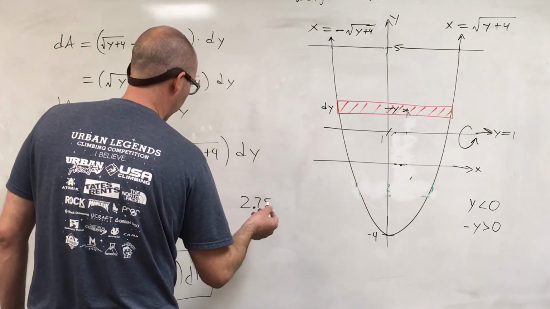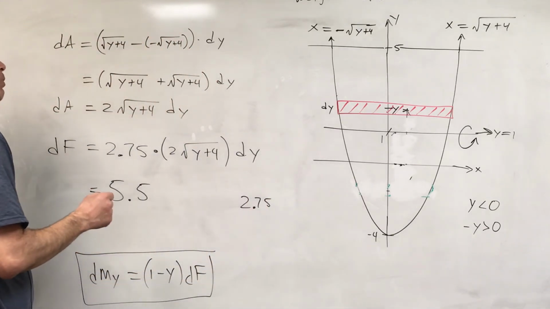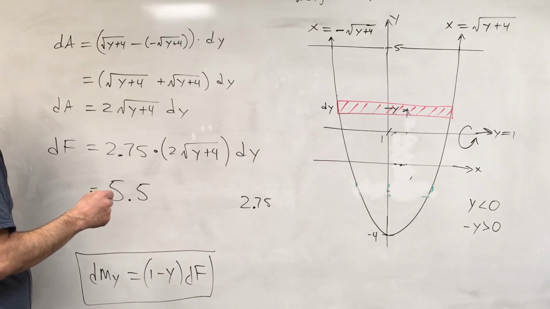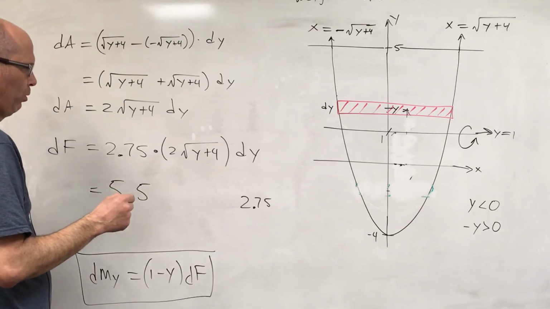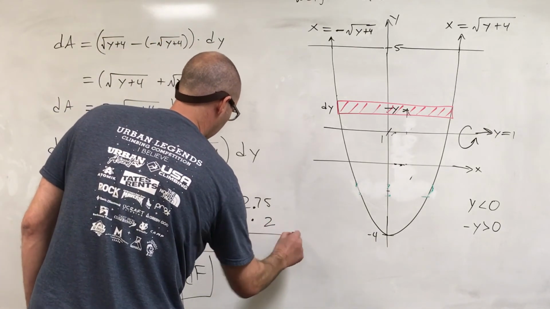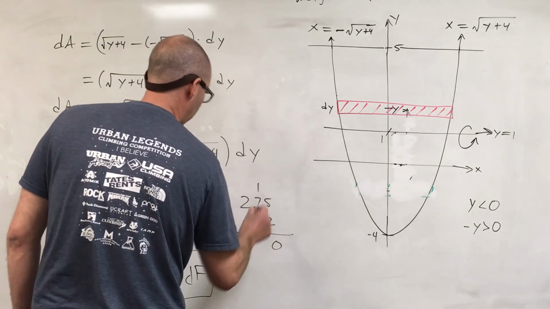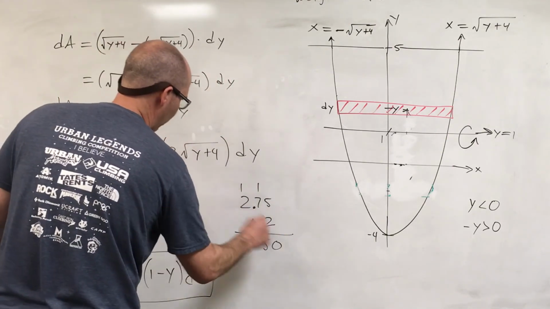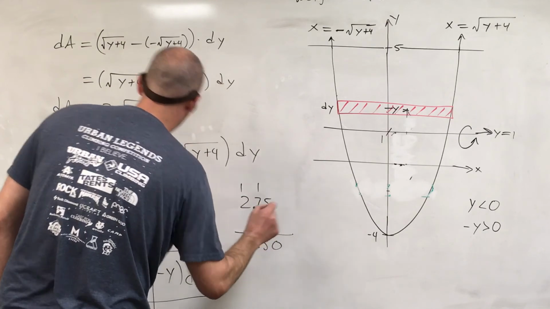That's 2 3/4, right? So 2 3/4 times 2 is 5.5.